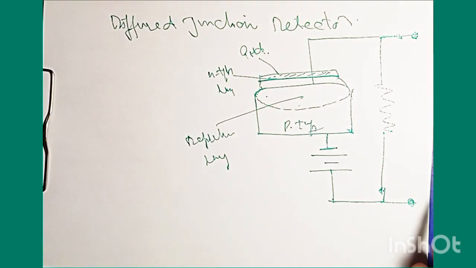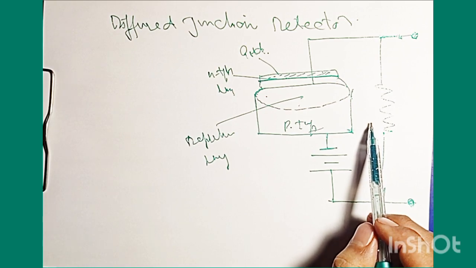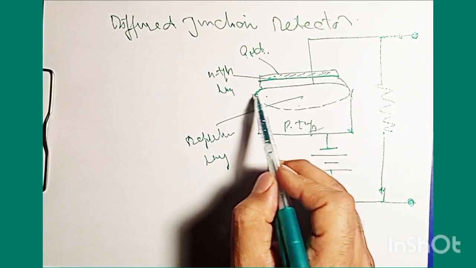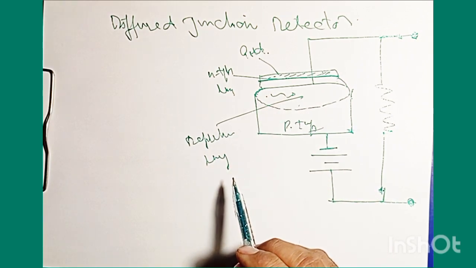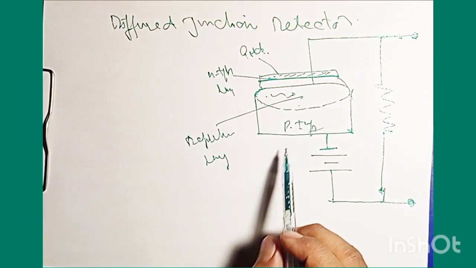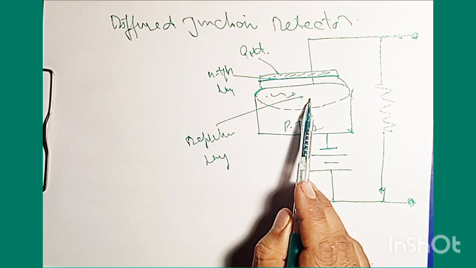So here we can have an output. Now, when an energetic charged particle travels through this depletion layer, its interaction with the crystal produces electron hole pairs.